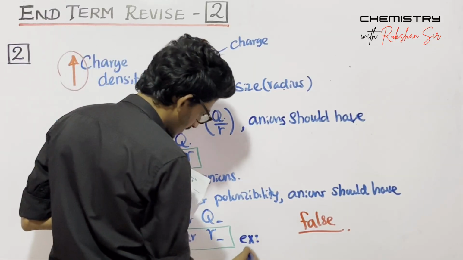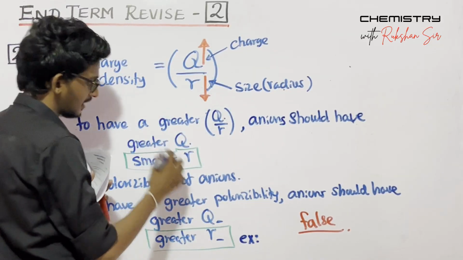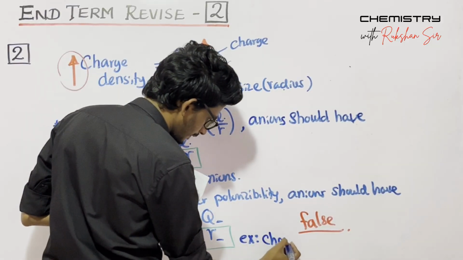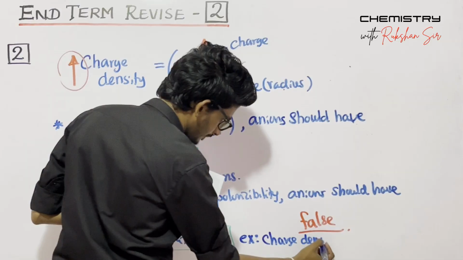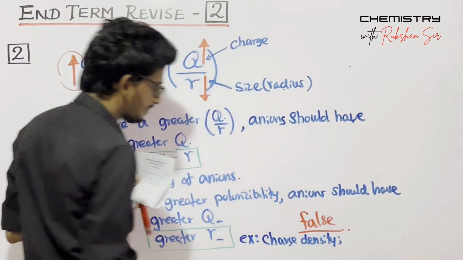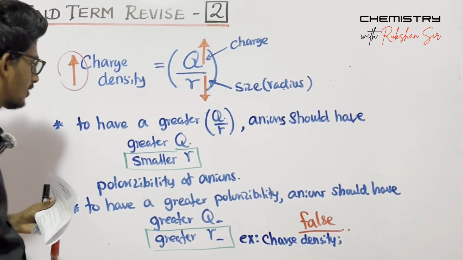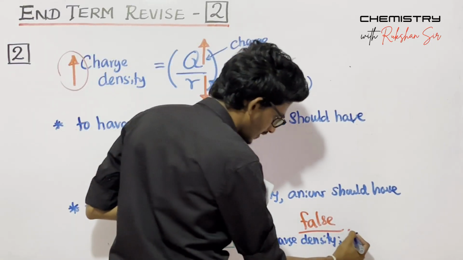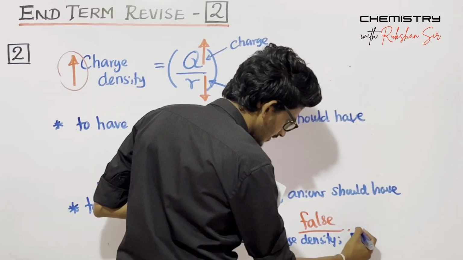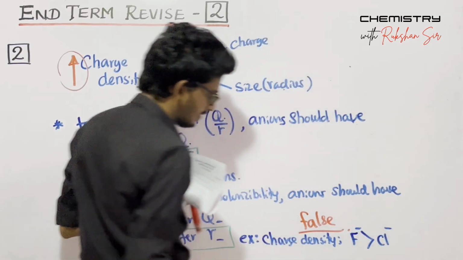When it comes to charge density, F minus has a smaller radius, so F minus has a greater charge density than the Cl minus.